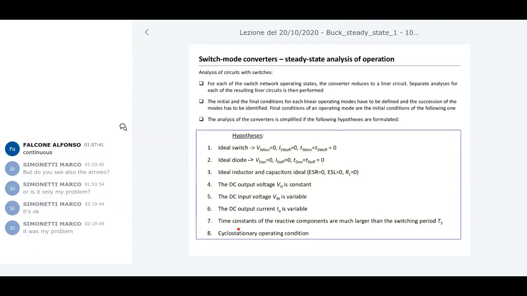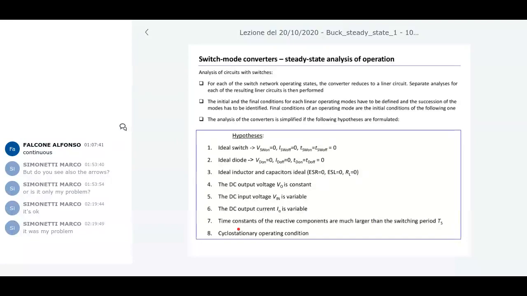Then, the analysis that I just performed here, and in the next lecture for other basic topologies, is for cyclostationary operating conditions. Cyclostationary operating condition means that for now, I am neglecting transients. What happens when I turn on the converter?